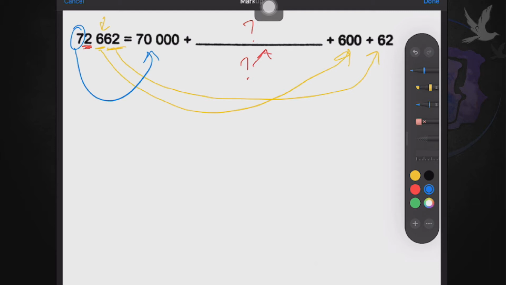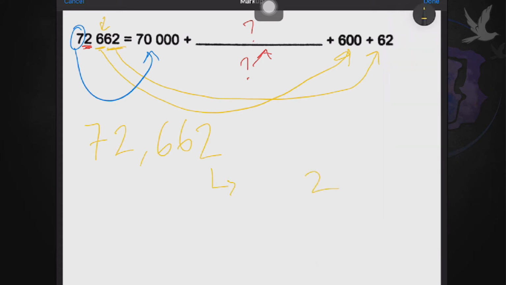So just to break that down, just to show you, we have 72,662. Breaking it down, the value of 2 is just 2 alone. The value of 6 is 62.